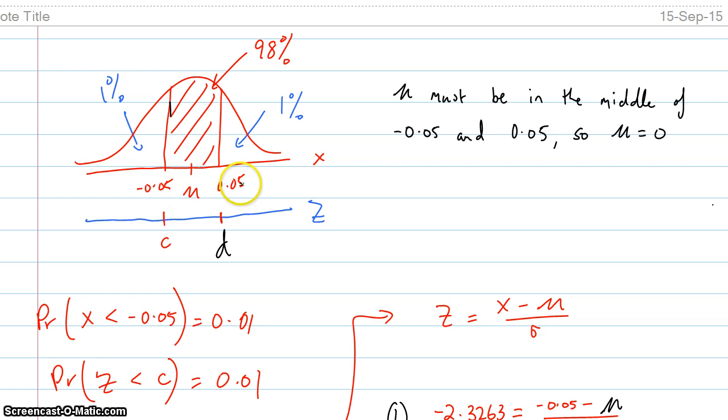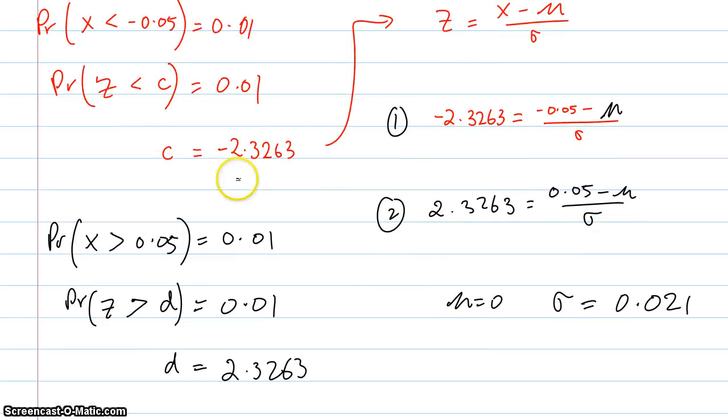But if it was, then that would actually be the z value, 0.05. If it was 0.05 standard deviations away, that would be the z value. So instead of having these z values here, 2.3263 and negative 2.3263, you would have 0.05 there, and then it would make things a little bit difficult.